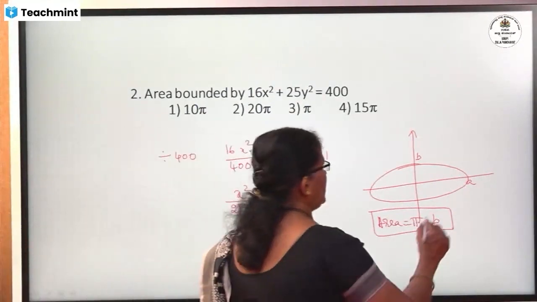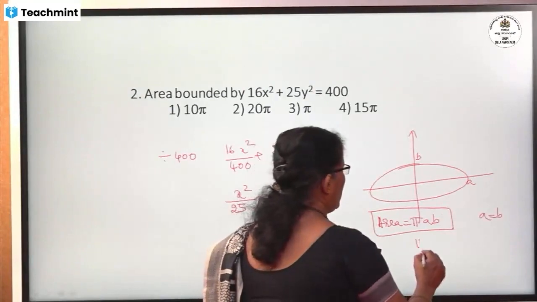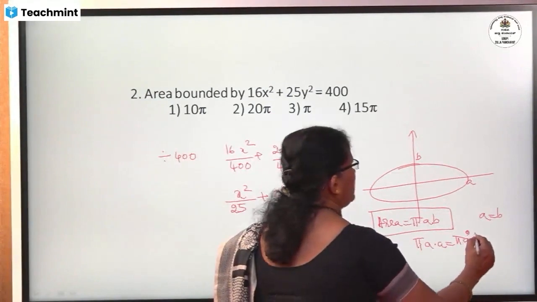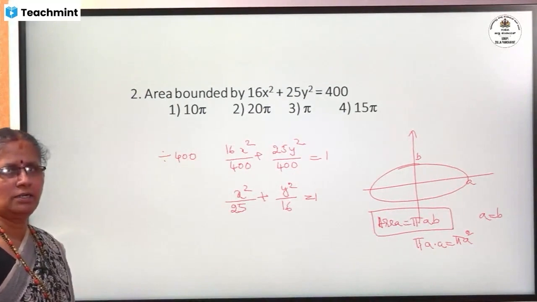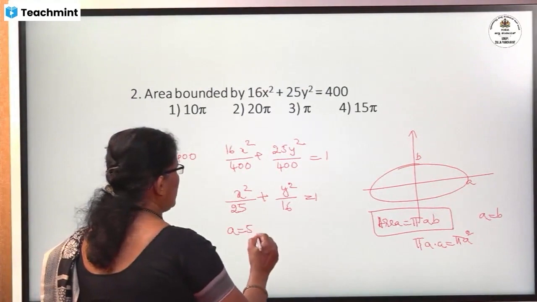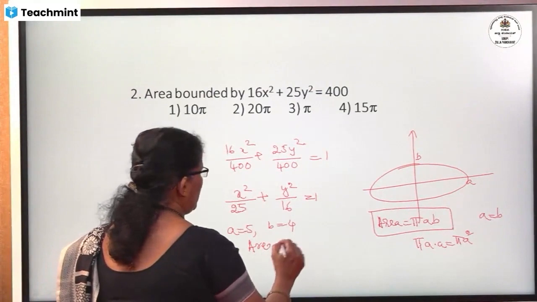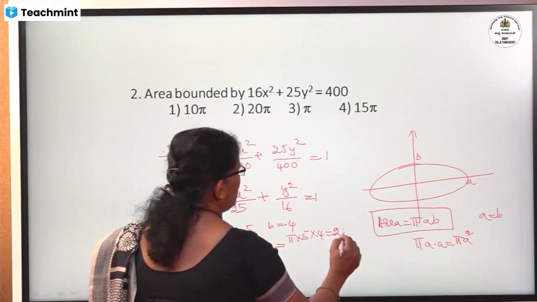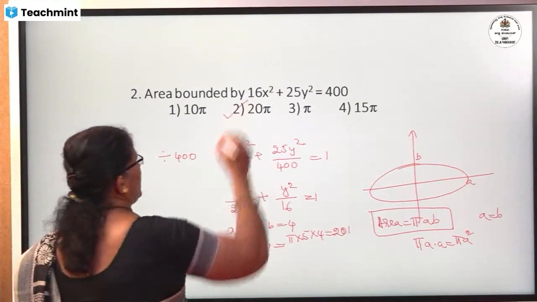Can you see that in case of a circle, A is equal to B, therefore area of circle is pi A into A, which is pi A squared, and that is the standard result that you have learnt. Correct? So area of ellipse is how much? Pi AB. Here A is 5, B is 4. Therefore, the area is pi into 5 into 4, which is 20 pi. That is the second option.